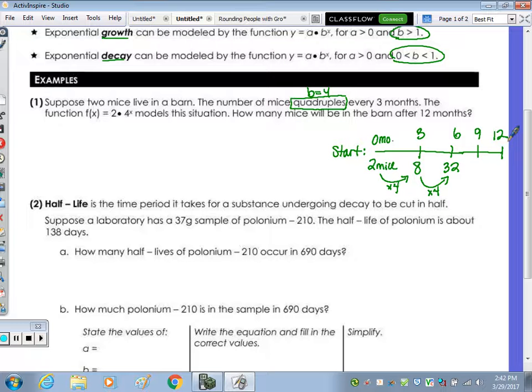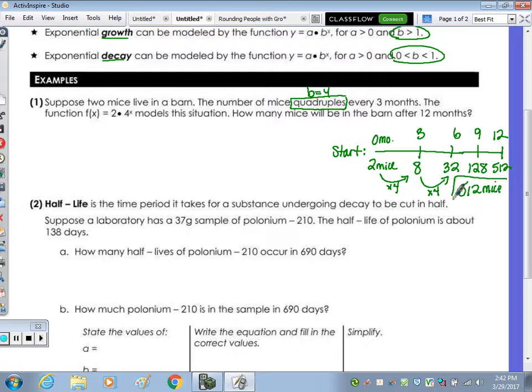How many mice are we going to have at 9? Elijah? 128. And then how many at the end of 12 months or a year? Sarah? 512.